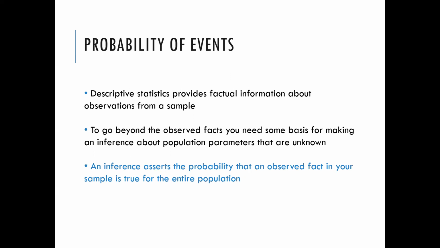And then to go beyond those observed facts, you need some basis for making an inference about population parameters that are unknown. An inference asserts the probability that an observed fact in your sample is true for the entire population. And so this is how probability and statistics relate to each other. And I'll try to give a few more examples to help this all connect together.